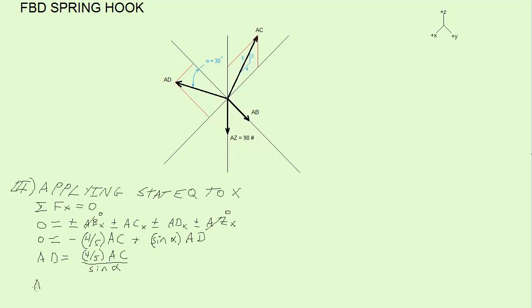So AD equals 4/5. Now when we plug the value in for AC, it was a positive value, but I'm going to include the sign here because it is non-trivial. The sign must come with any vectors that you solve for, okay, any assumed vectors, because that sign indicates whether you're correct or incorrect. And that is going to equal a positive 240 pounds.